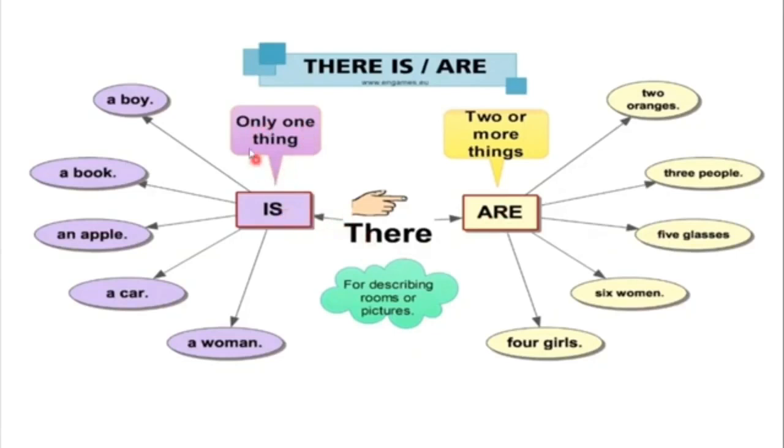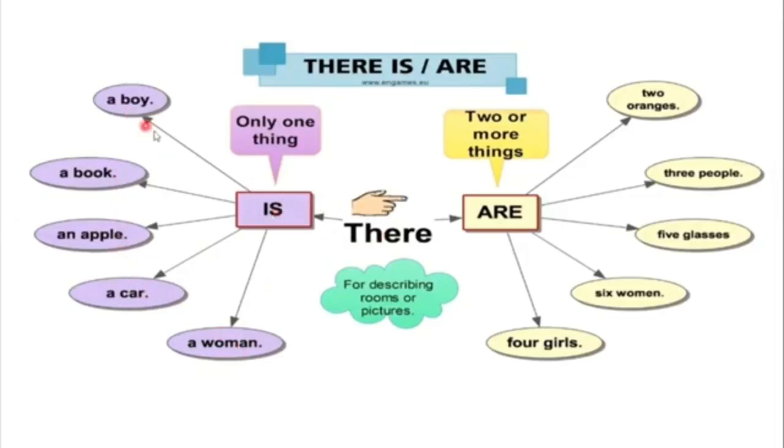This means that after there is, we use a singular noun. Like a boy, a book, an apple, a car, a woman.